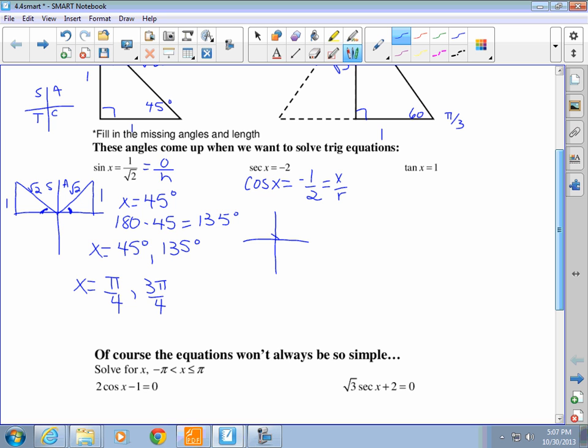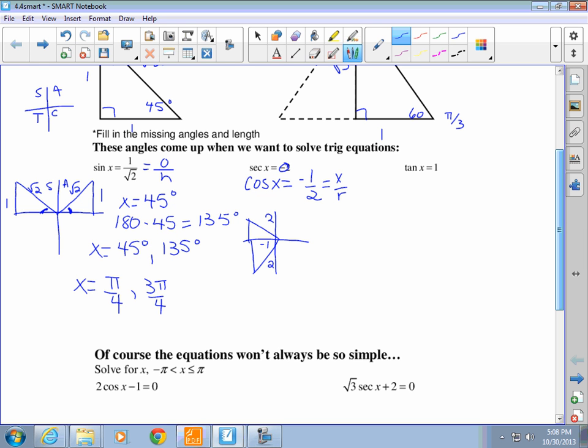So I know my triangle is going to be here, and there. They should be both exactly the same triangle. So my ratios are x is equal to -1, and my r is equal to 2. Because r, my radius or my hypotenuse, is never a negative value, I know that the negative has to go with my x. So this value here is -1, and here it's a 2.